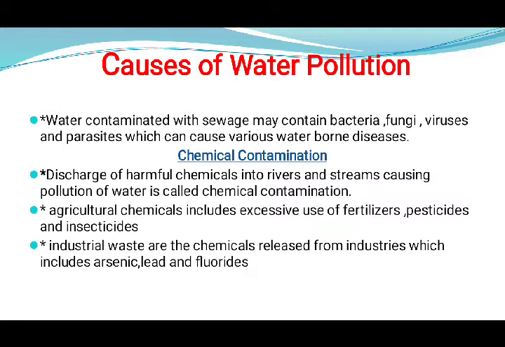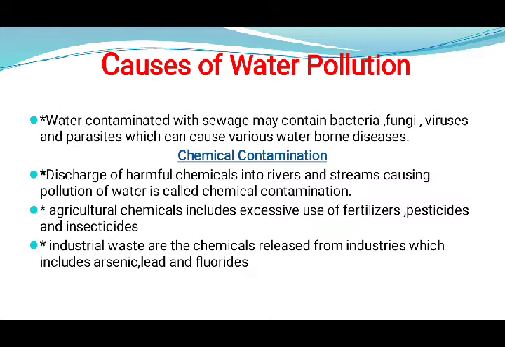Such chemical discharge from the factories directly into the rivers and streams may cause pollution of water, and we can term it as chemical contamination. Agricultural chemicals are also contributing to water pollution, and this includes the excessive use of fertilizers, pesticides, and insecticides.